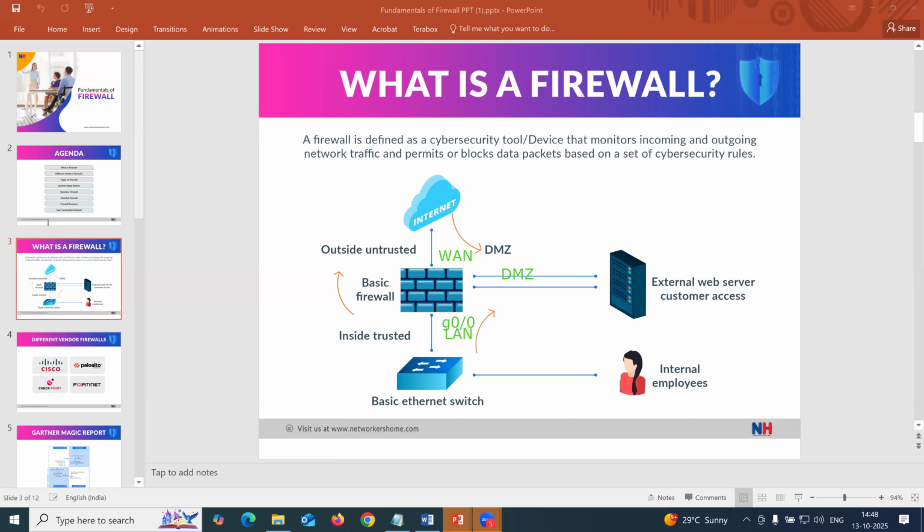Those who have done ASA firewall might know that in ASA firewall, the word inside plays a vital role. The word inside has a value. It gives you a security level of 100. In Checkpoint firewall, we don't have any concept like security level. So depending on vendor firewalls, names will differ.